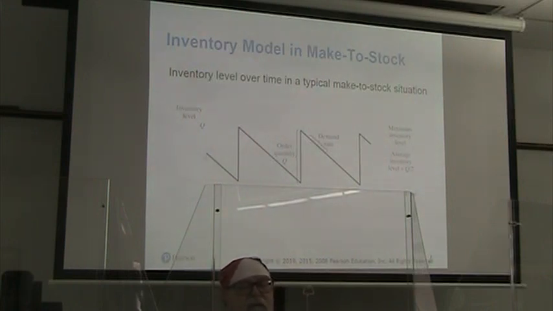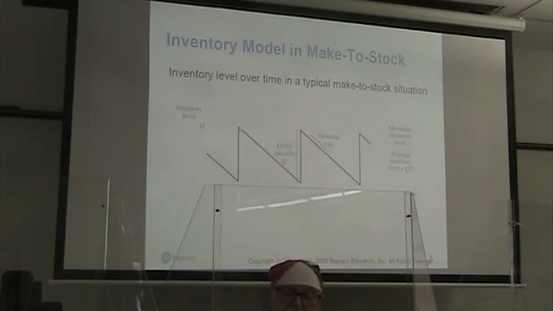So we start with a certain amount of inventory and it is declining because we are using it, and then we receive an order and our level goes back up, and again it's declining steadily over time.